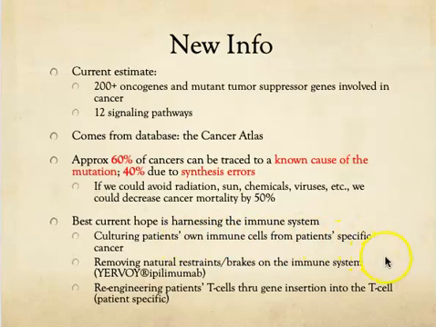We're learning to remove restraints on the immune system, to sort of set the immune system loose on cancers. We're even doing some re-engineering of immune cells to make them more aggressive in terms of being able to find and eliminate cancer cells. So the hope right now really lies in our understanding of the role of the immune system in the ability of a human to eliminate cancer from the body.